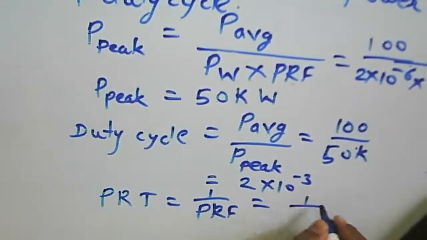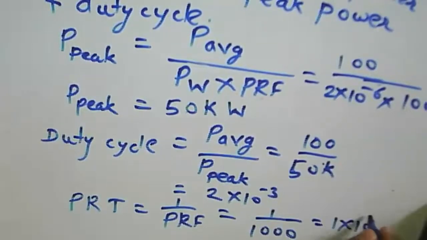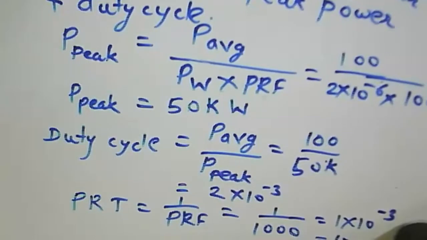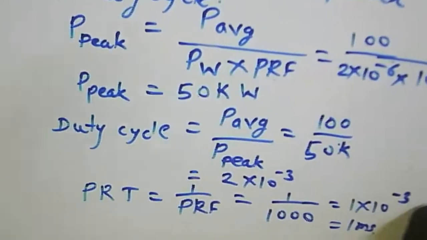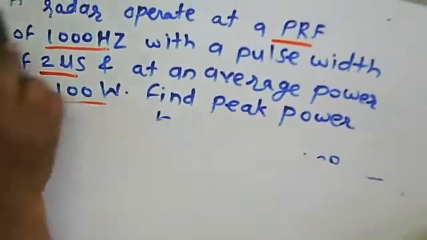The PRF here is 1000, so we get 10 to the power minus 3, that is 1 millisecond, the pulse repetition time. Next, we will go for another one.